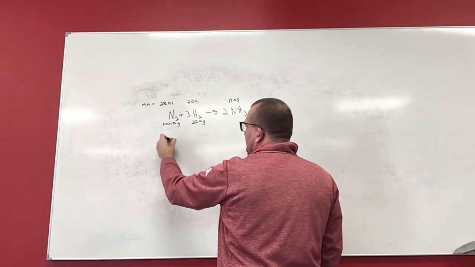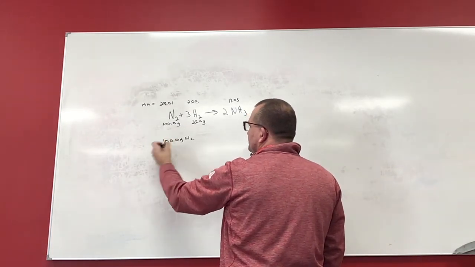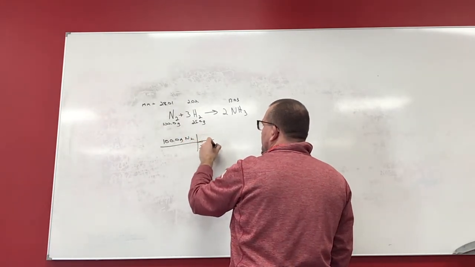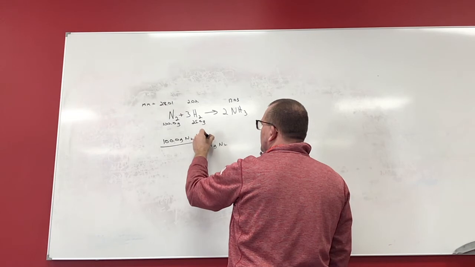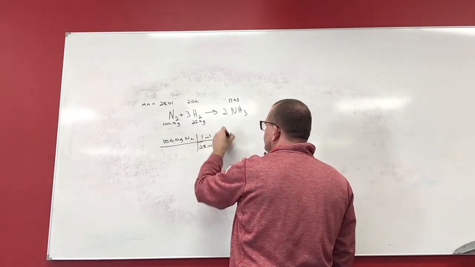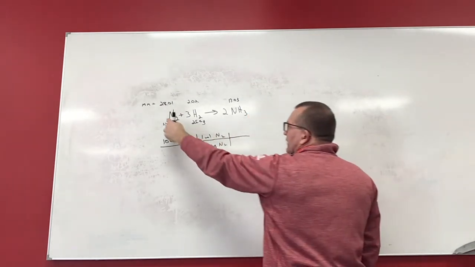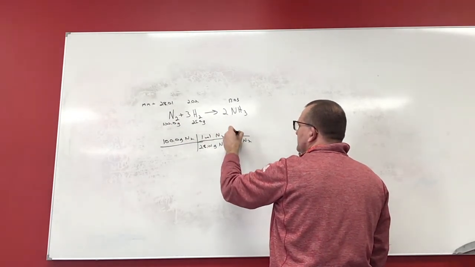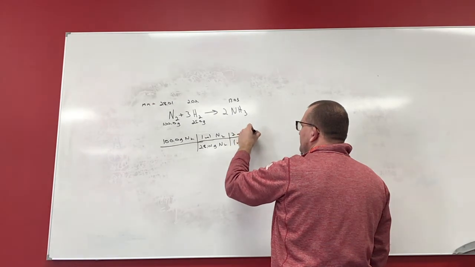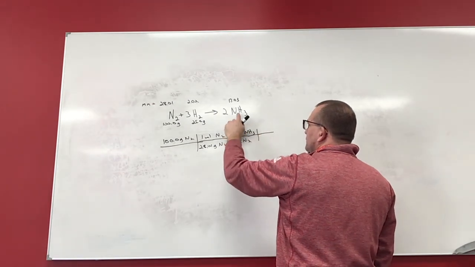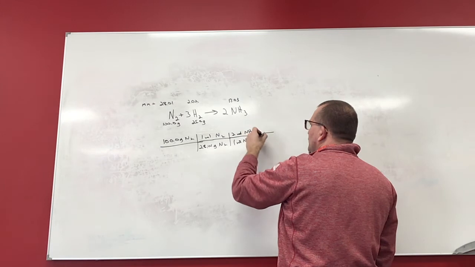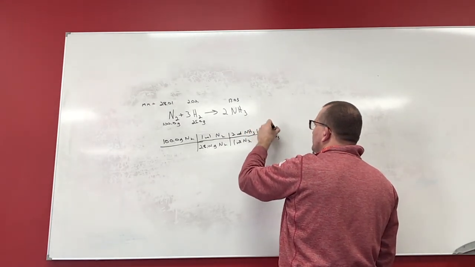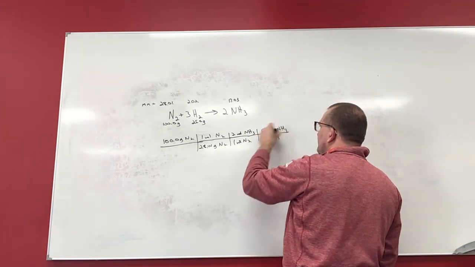So we take 100.0 grams of N2. The molar mass of N2 is 28.01 grams of N2 per 1 mole of N2. I then know I've got 1 mole of this to 2 moles of this, so 1 mole of N2 to 2 moles of NH3. And then lastly, 1 mole of NH3 is 17.03 grams of NH3.